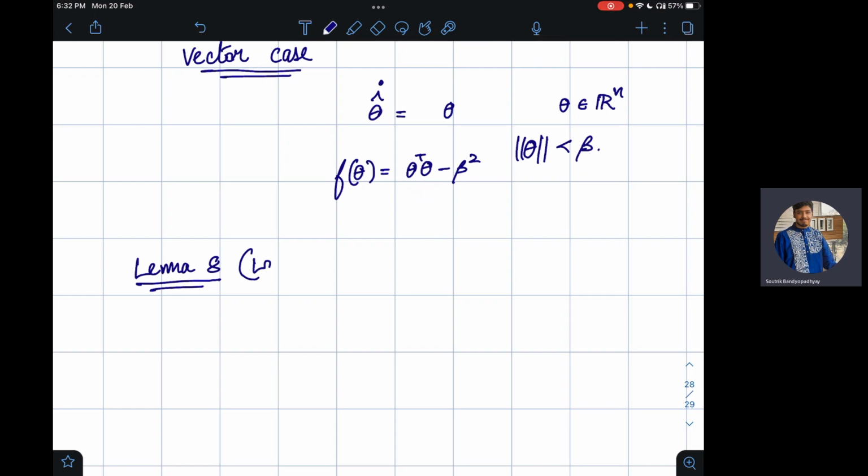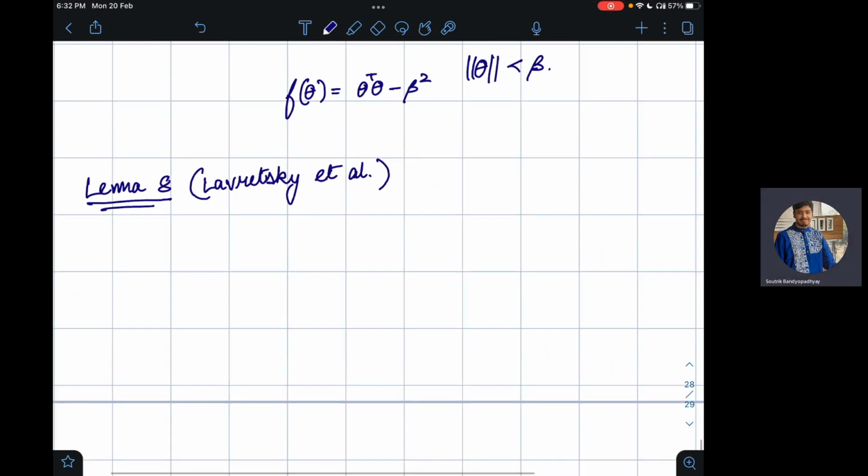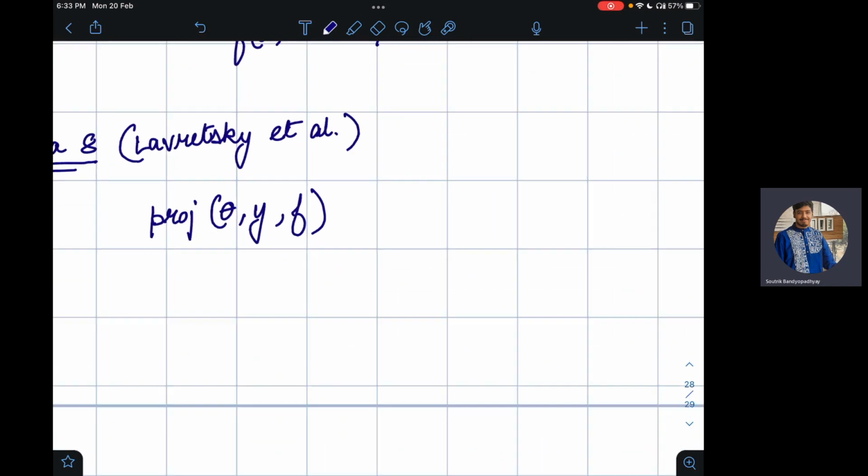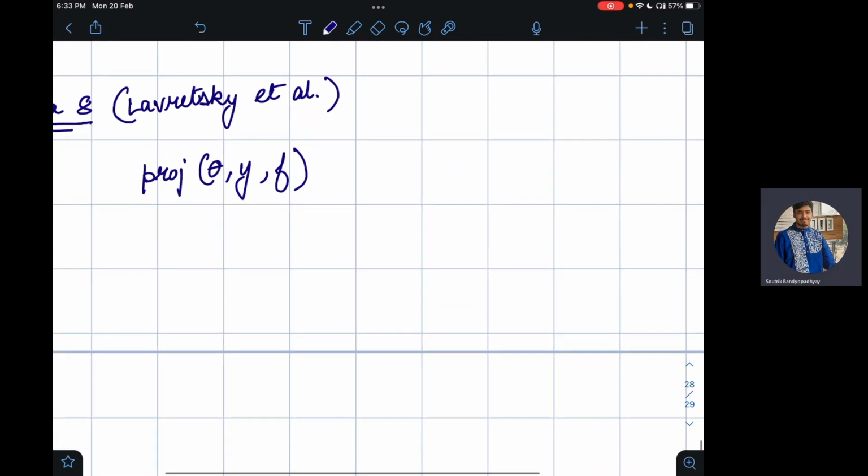Of Leveretsky and all, which says that suppose the projection of theta, y, and f is done, then theta minus theta hat.